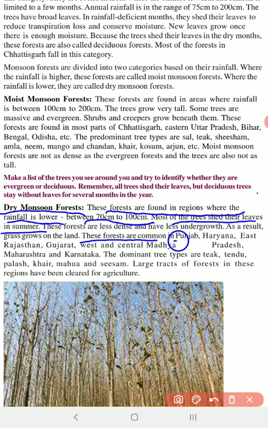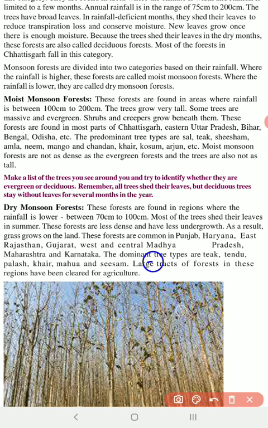Where do we find these dry monsoon forests? They are very common in Punjab, Haryana, East Rajasthan, Gujarat, West and Central Madhya Pradesh, Maharashtra and Karnataka.